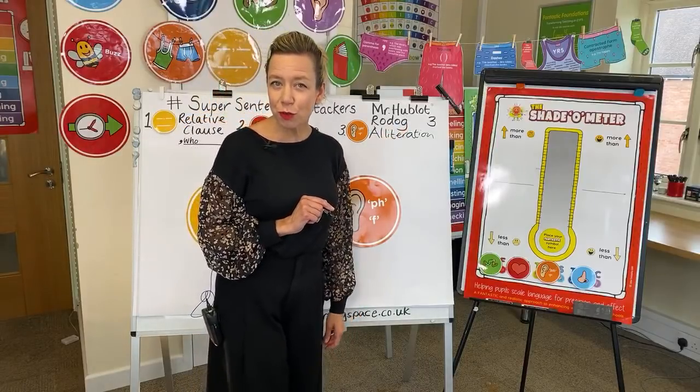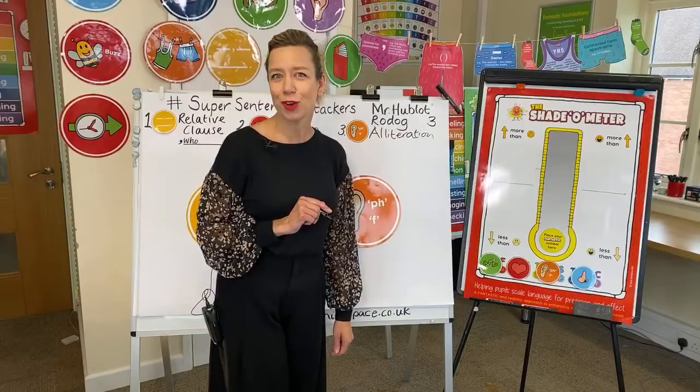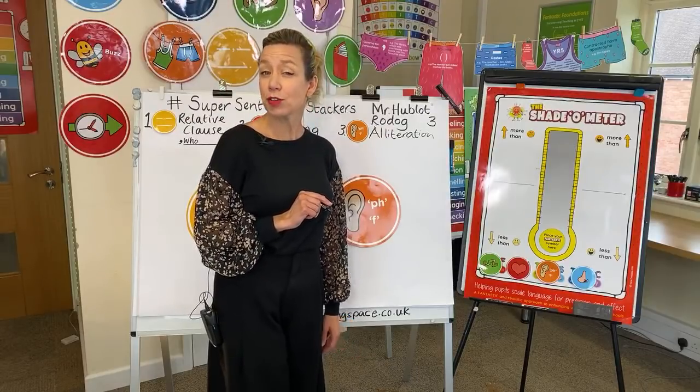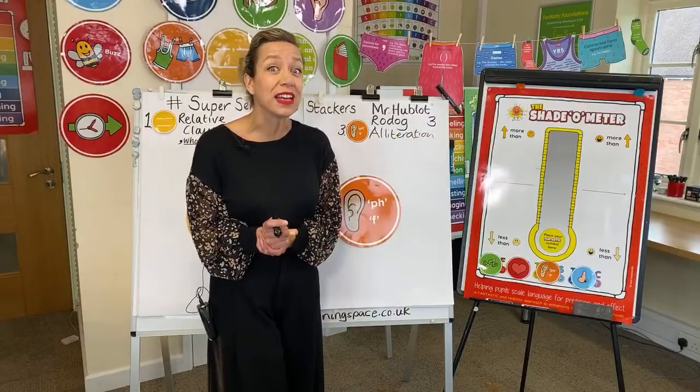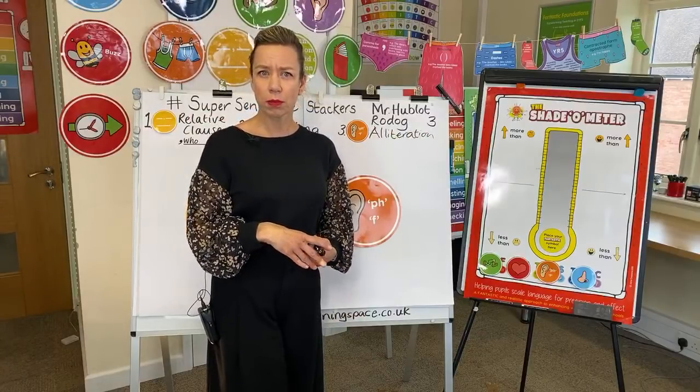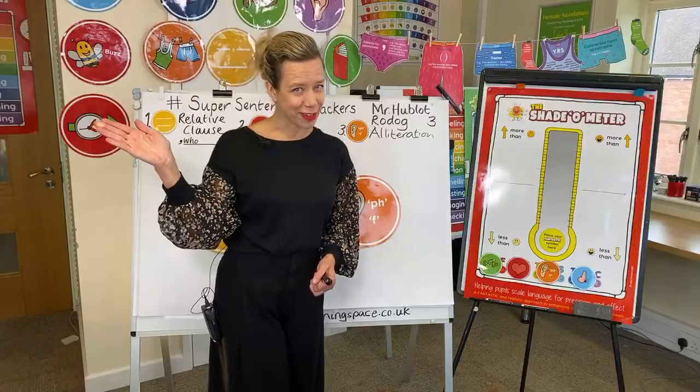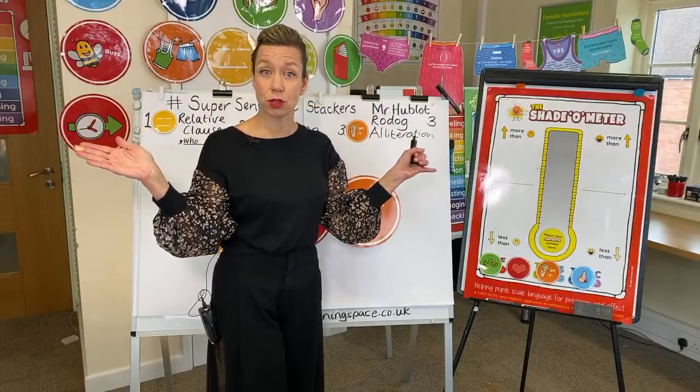Do you know what sort of word that is? Rodog. It's a portmanteau word. There are many portmanteau words in the English language. Well, we know the word breakfast and we know the word lunch.